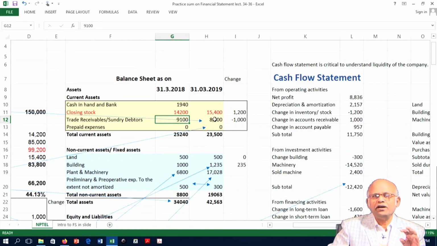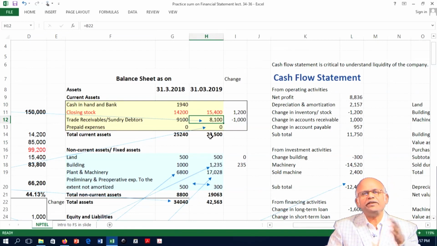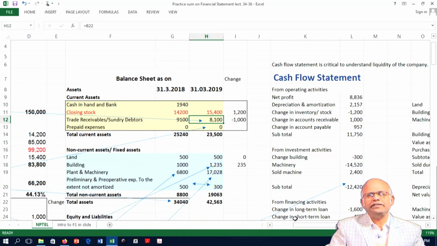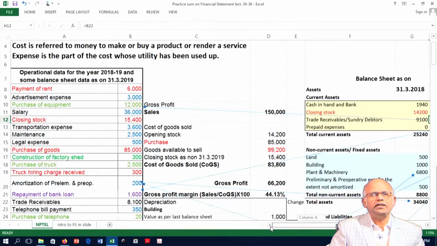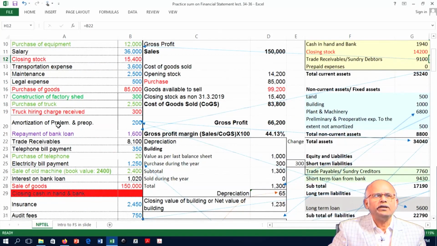Suppose during the year the same thing happened. So, you have now 8,100, it is a carry forward, it is continuous data. So, do not try to add or subtract anything, 8,100 has to be given, and you will look into this data, you will find it given somewhere.